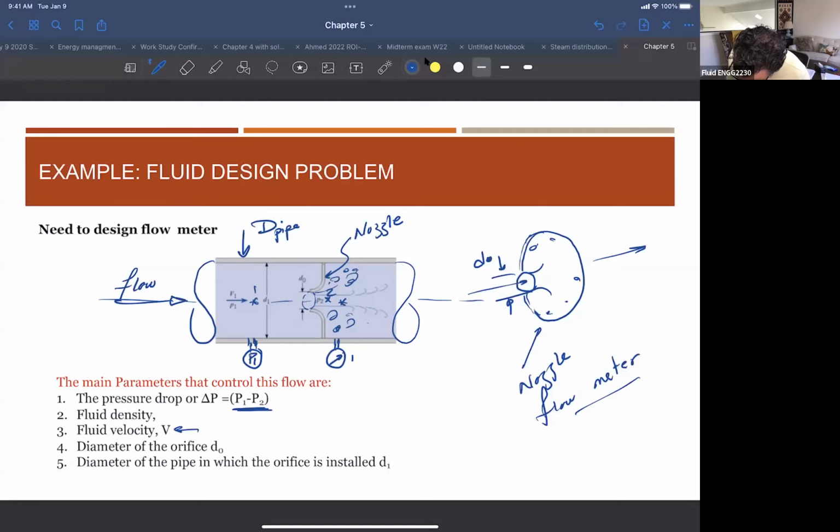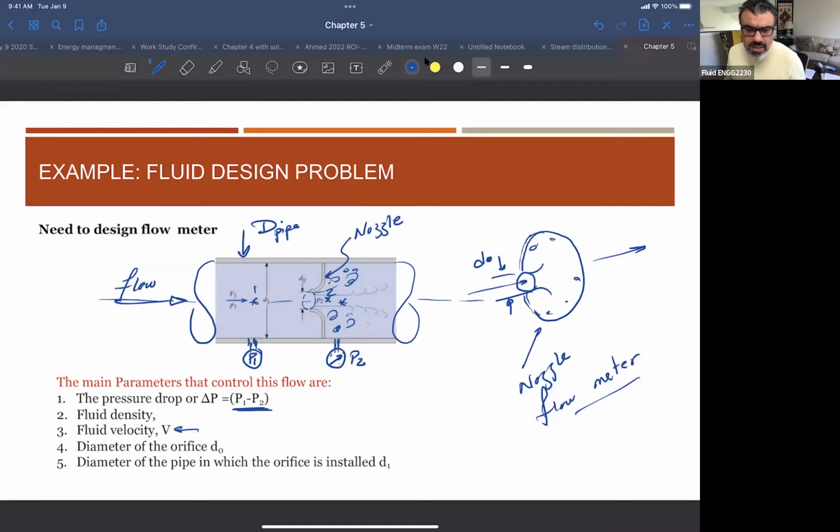This is P1 and this is P2. And those pressure gauges, if you remember in chapter 2, are kind of a dial, so I can see what the pressure is, so I can measure pressure. By measuring P1 and P2, I can say the flow rate is that much. If the pressures P1 and P2 change, I know the flow rate is that much. So I'm designing a nozzle to do this.